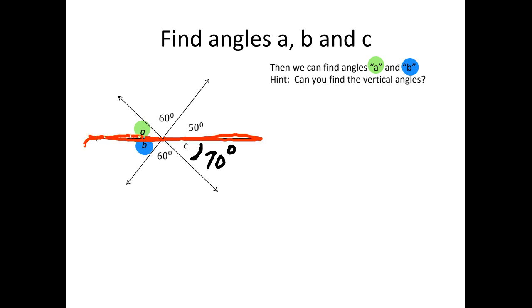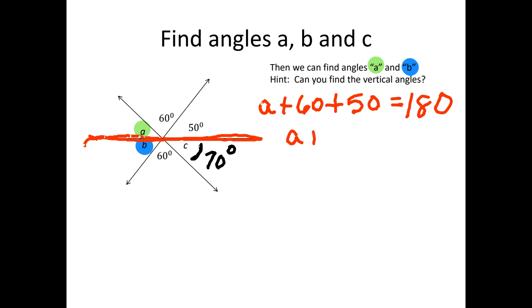A plus 60 plus 50 equals 180 degrees. A plus 110 is 180. A is equal to 70 degrees.